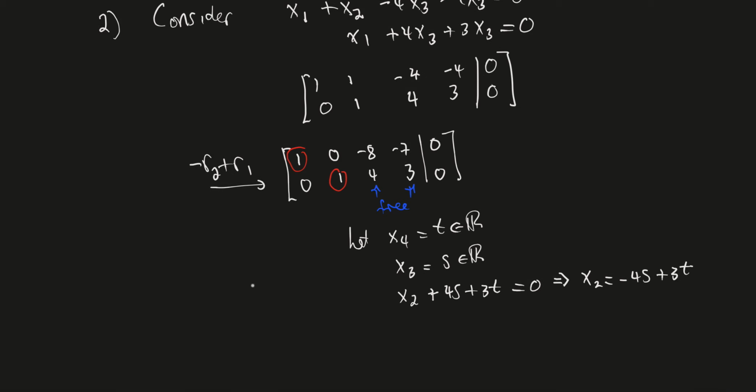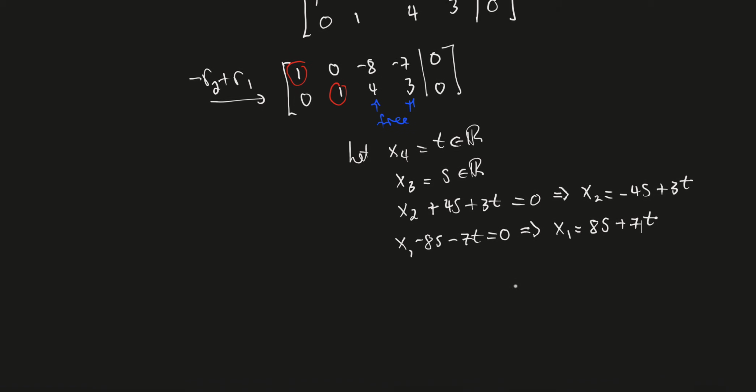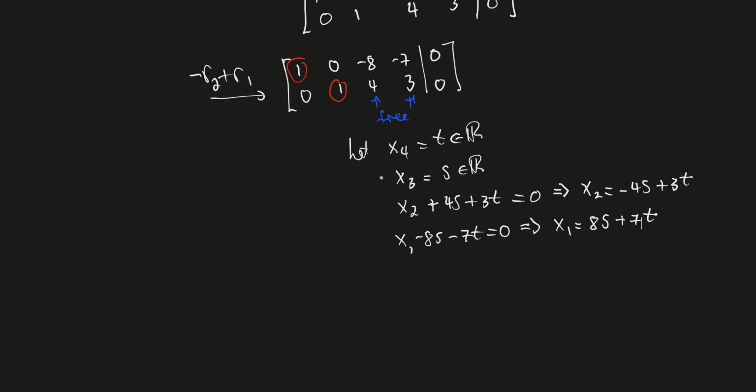And then the first equation tells me that x1 minus 8s and then minus 7t, that's equal to 0. So therefore, x1 is equal to 8s plus 7t. So let's write down our solution in vector form, right? We have all these different ways we can write it down.